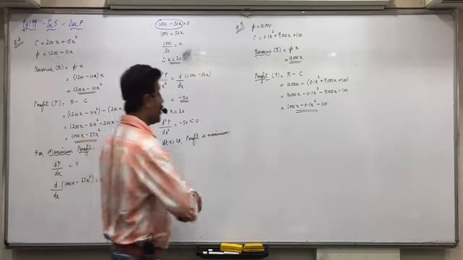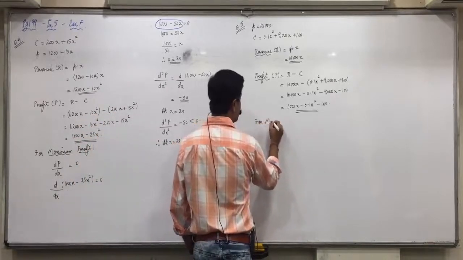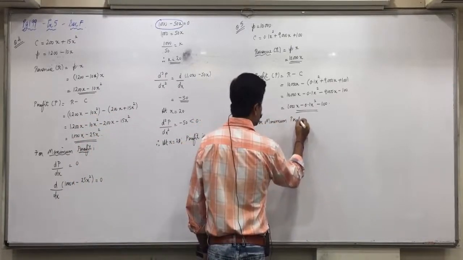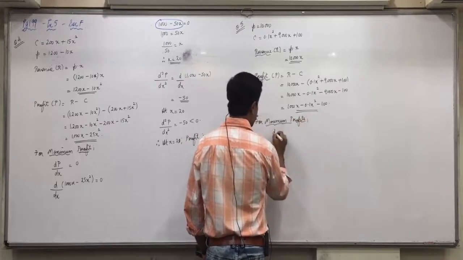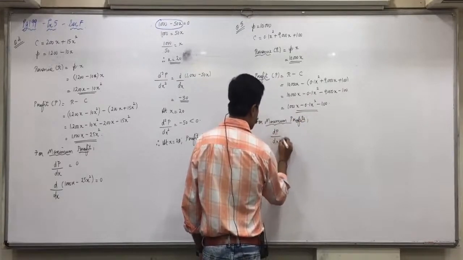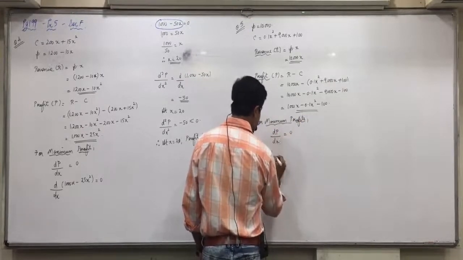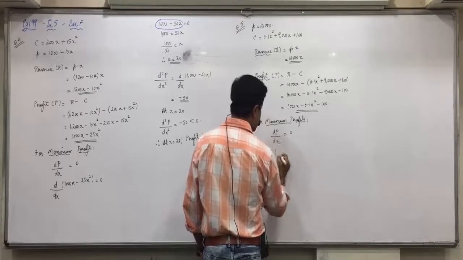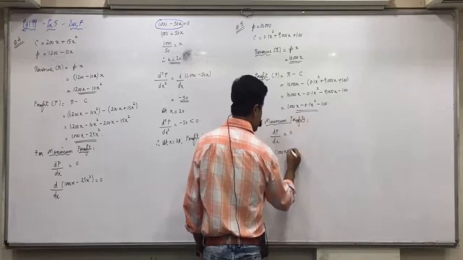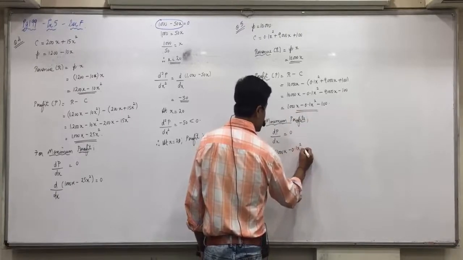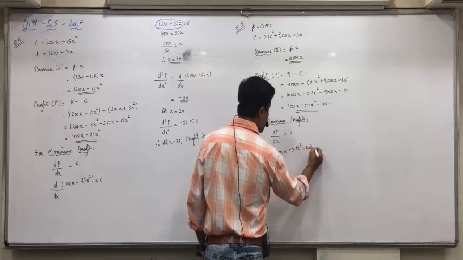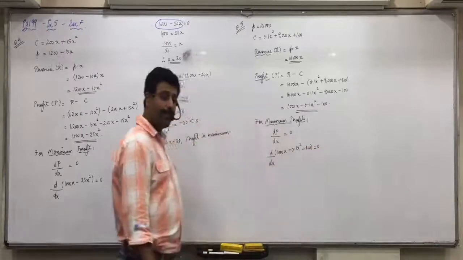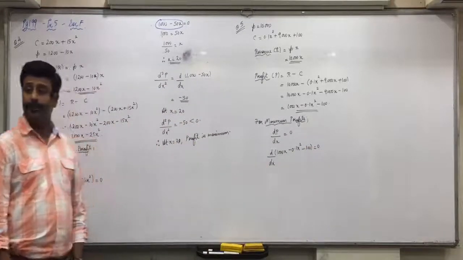Now what next? For maximum profit, what is the first condition? dP upon dx must be equal to 0. So d upon dx of 1000x minus 0.1x square minus 100 must be equal to 0. Any confusion up till here?